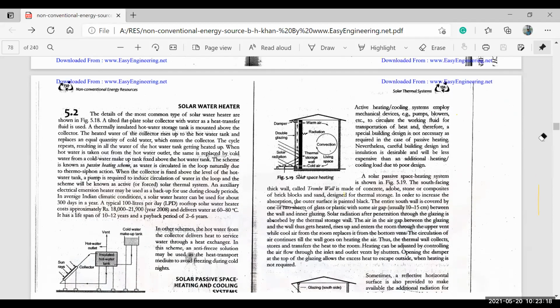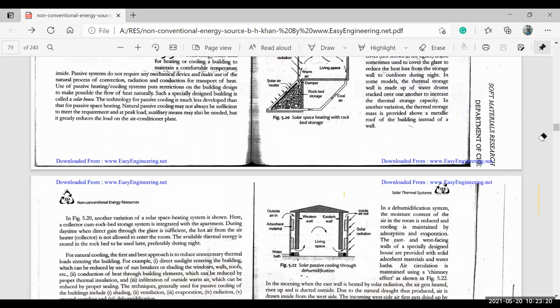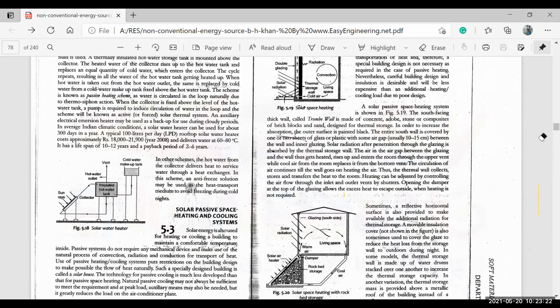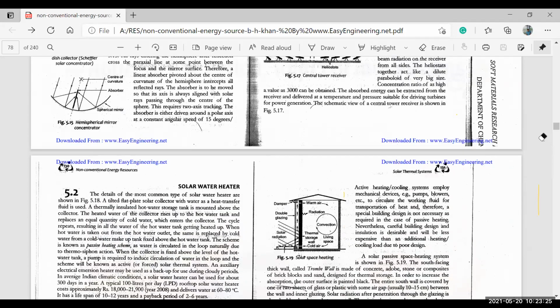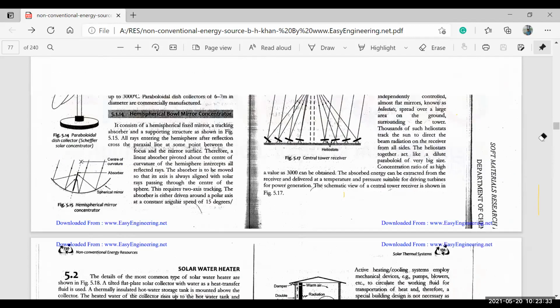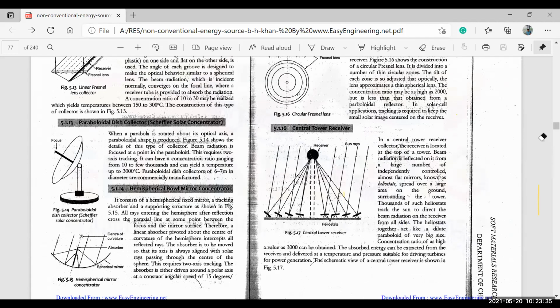Is there any more? In this, no more are being listed. So you have seen all. You have seen your cylindrical parabolic concentrator collector. You have seen compound collectors.